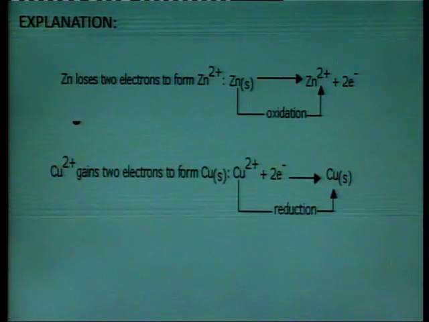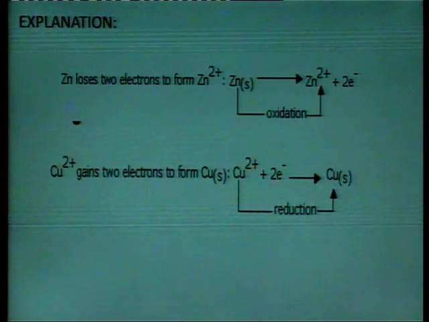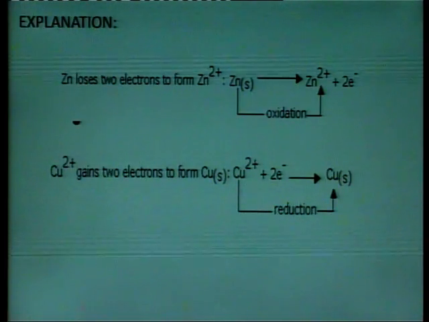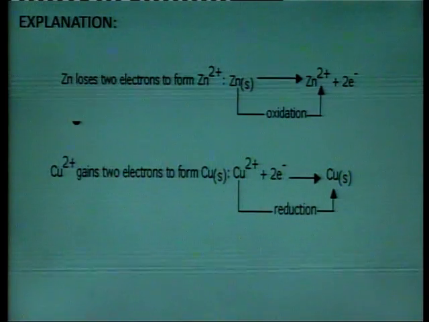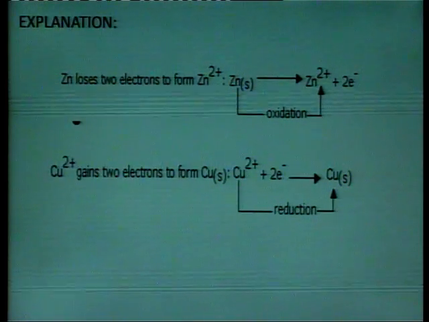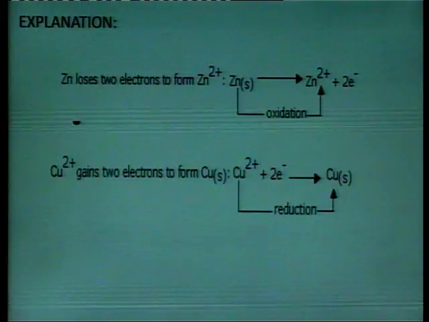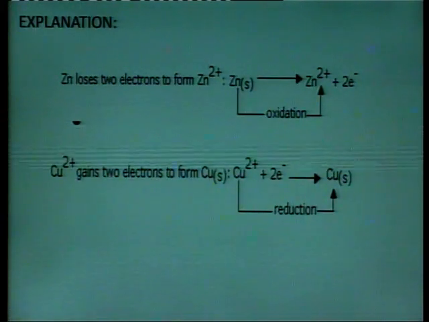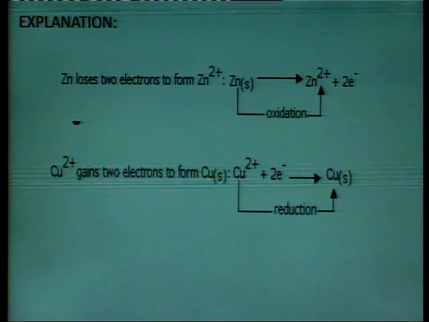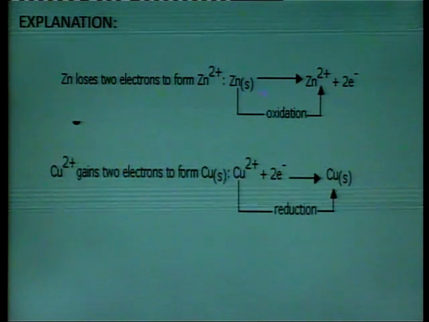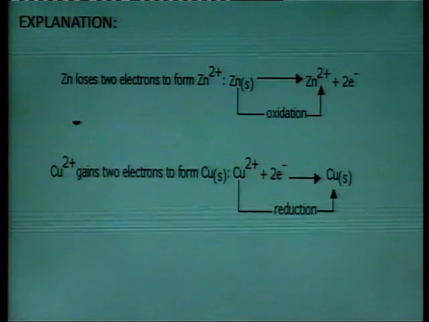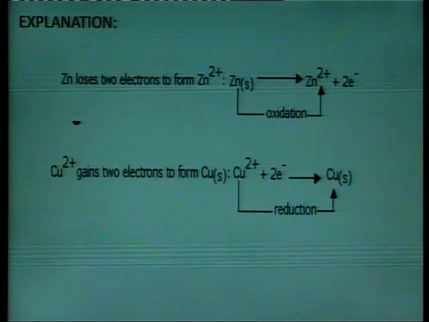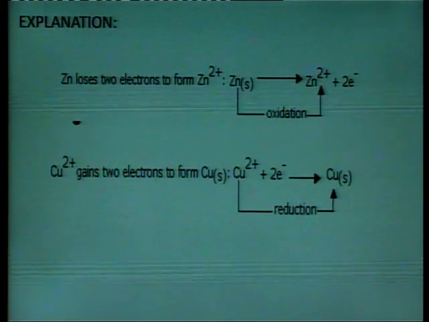So, this is the process of reduction, that copper 2 positive ions, which have come from the solution of copper sulphate, gain 2 electrons which come from the above reaction, that is lost by zinc, and they change into copper solid. This copper solid formed in the second reaction will be settled as reddish brown precipitate at the bottom of the beaker.